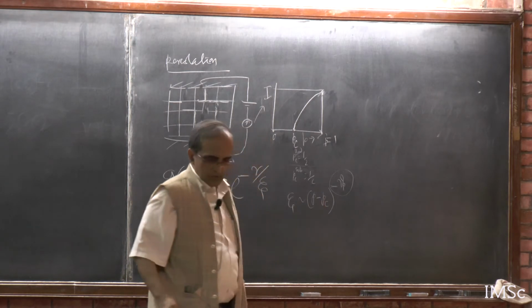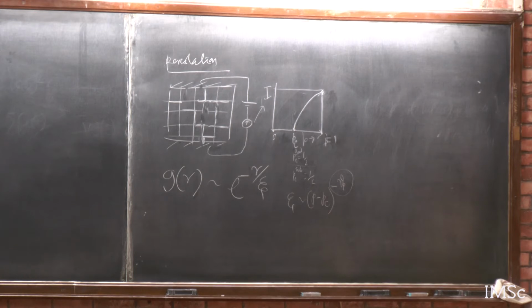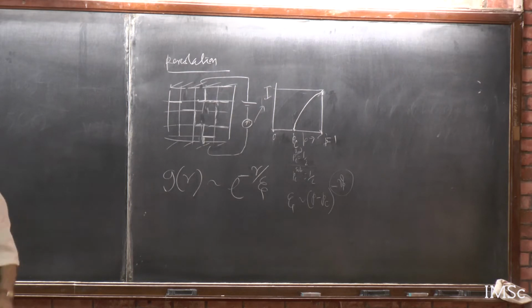do for magnets. There are two Weber magnets at a distance r. What is the possibility that if this Weber magnet, the small tiny magnet, is up, the other is also up at a distance r? Now this has to be averaged over all orientations and all realizations of the thermal dynamics, and that also goes down exponentially.